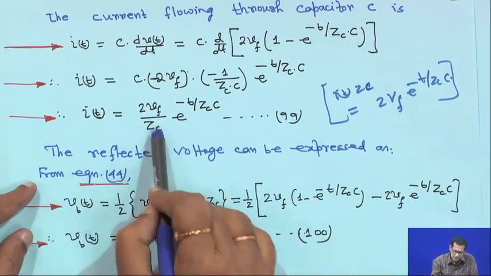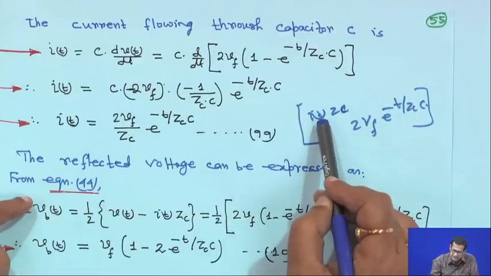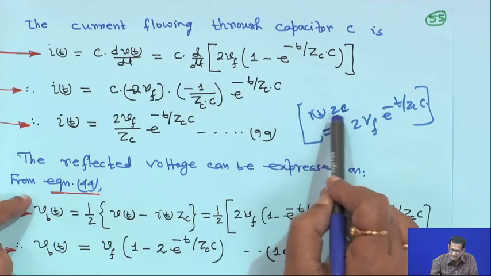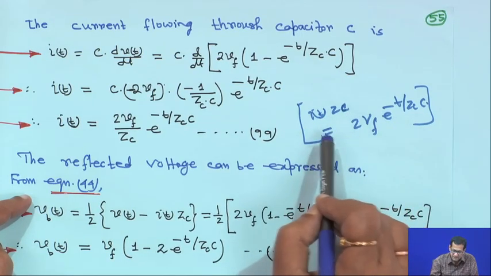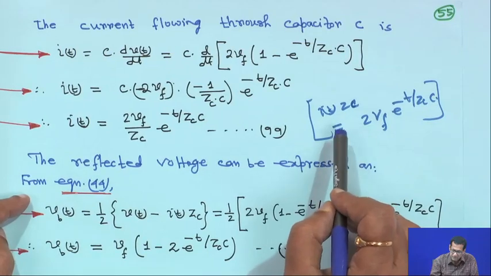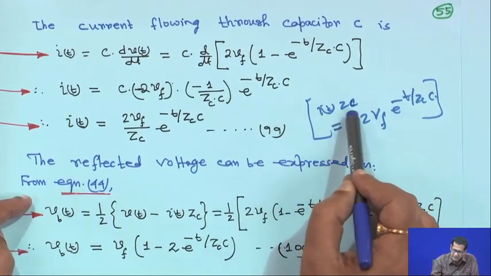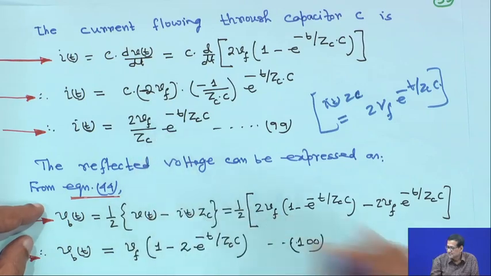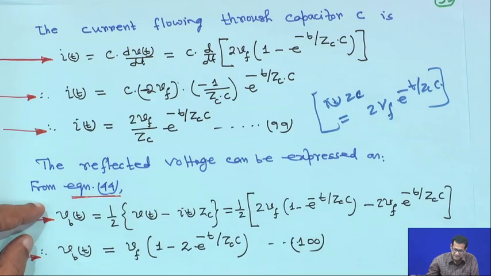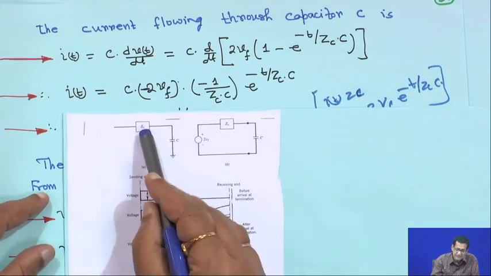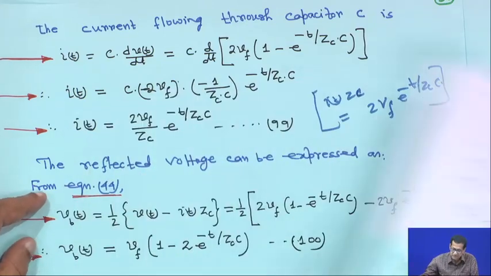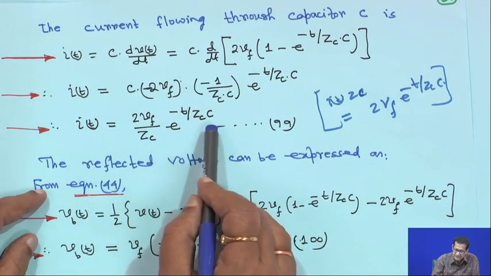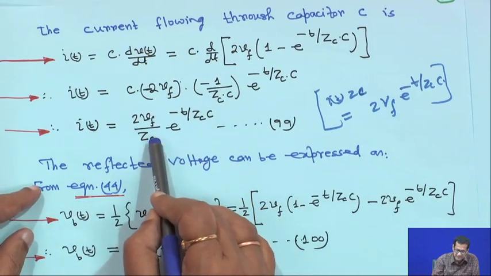If you go for cross multiplication, this is required. So It into Zc is equal to 2Vf upon Zc e to the power minus t upon Zc into C, multiplied by Zc. Zc is the suffix here, because it is the characteristic impedance of the line; C is the suffix for the capacitor.